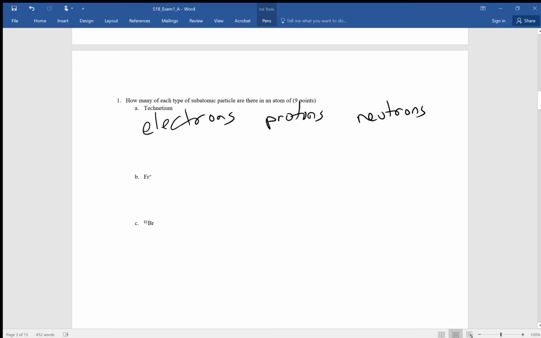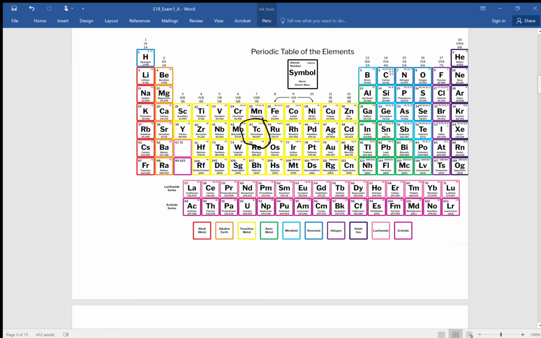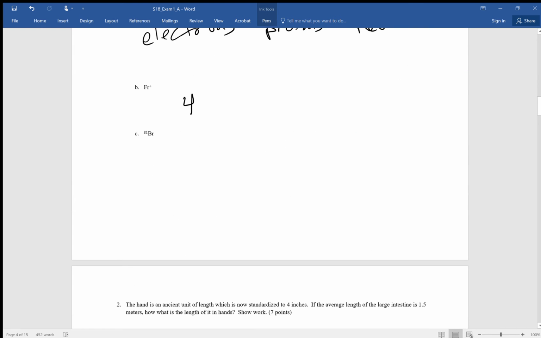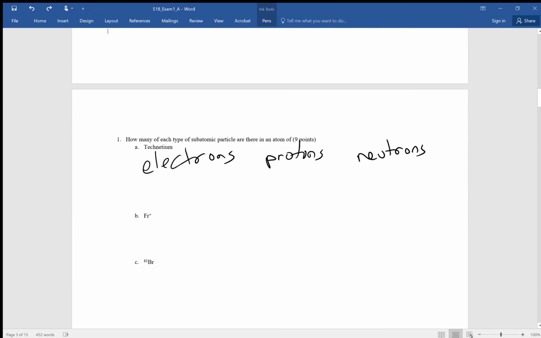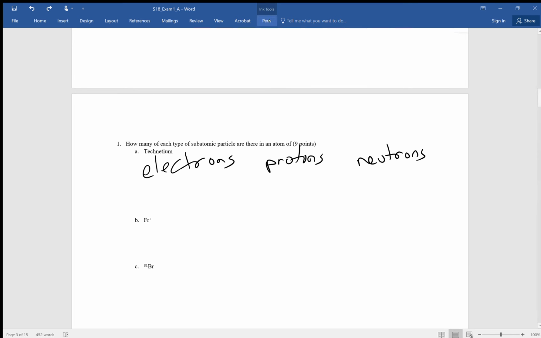So for a neutral atom, the number of protons and the number of electrons are both going to be equal to the atomic number of 43. The number of neutrons we can calculate from the mass of the atom, which we see as 99, and subtract out the number of protons of 43 to get to the final number of neutrons of 56.